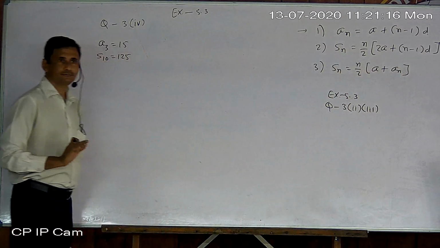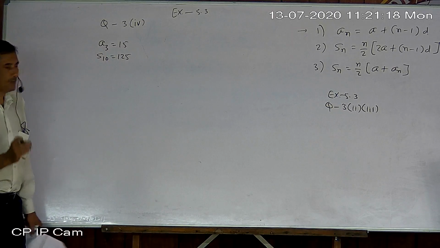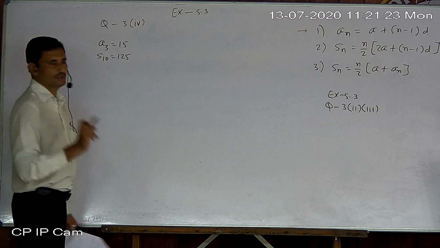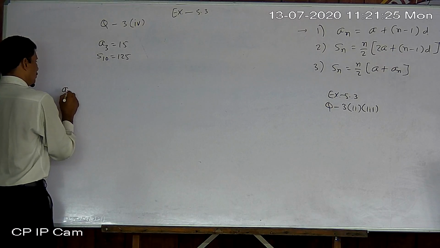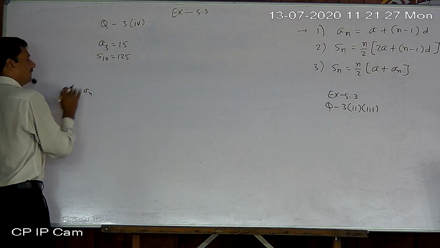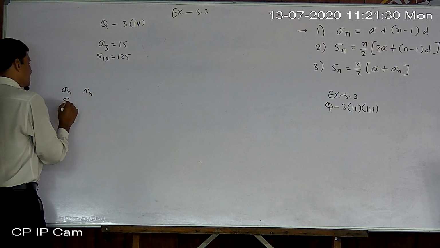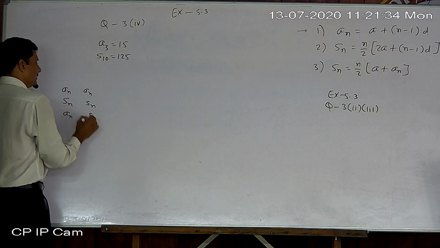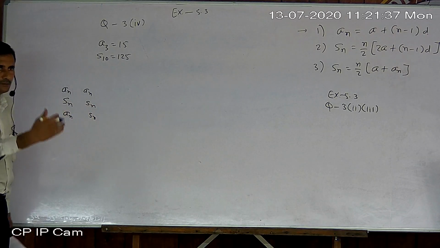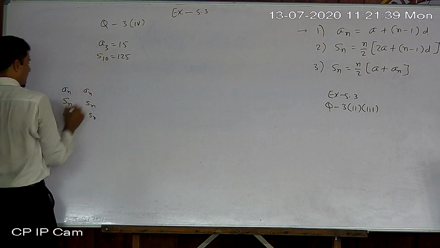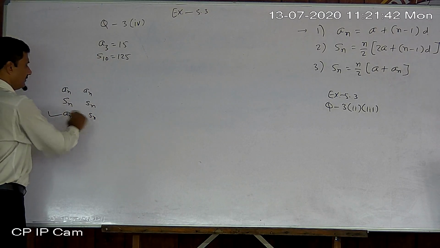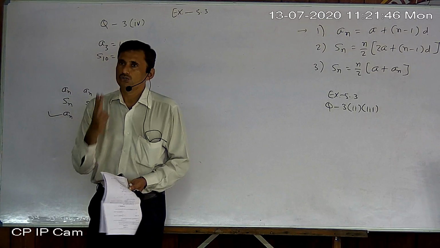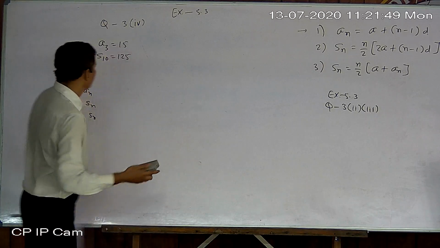Now we try to apply the first and second formulas obviously, but we will get two equations whenever two a_n are given, like a5, a18, a3, or S25, or any one term and any one S_n, meaning sum of the particular terms. So here one a_n and one S_n given. In all three cases we will have two simultaneous equations.